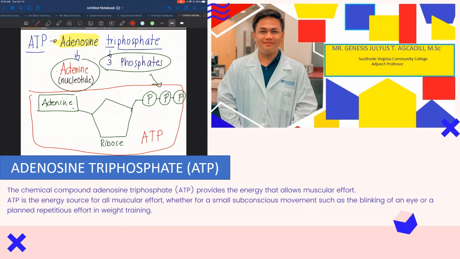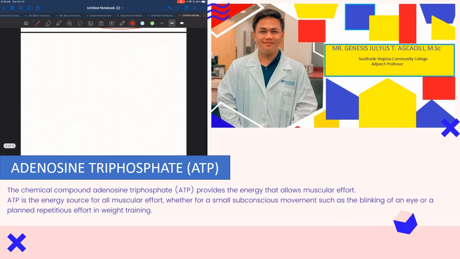Now, what is the importance of this ATP molecule? As I've said, an ATP molecule is definitely a molecule which is the source of energy. How? Through the phosphorylation or through the use of ATP.